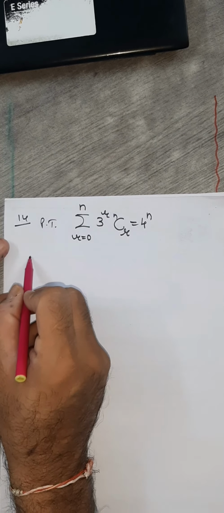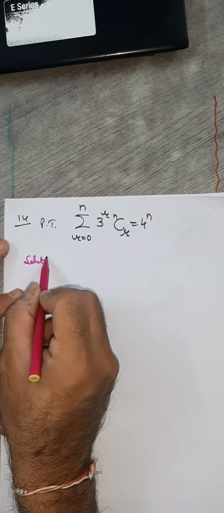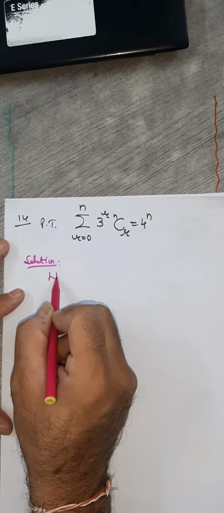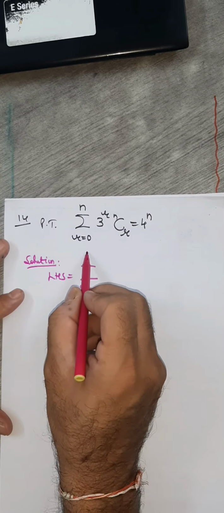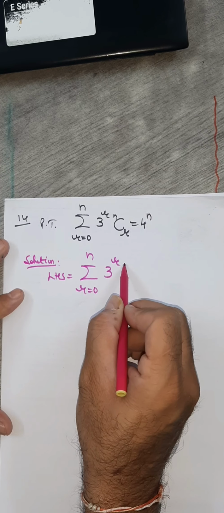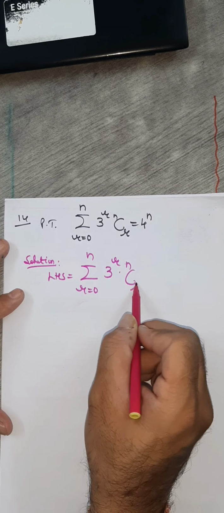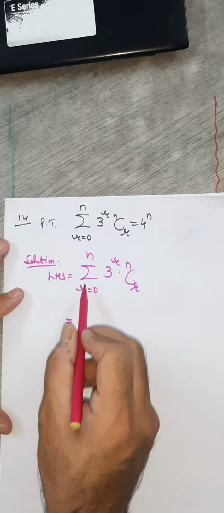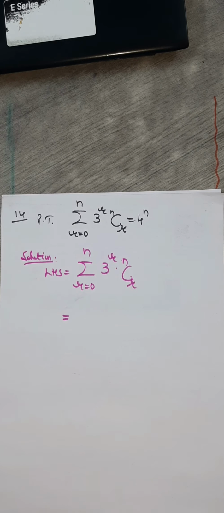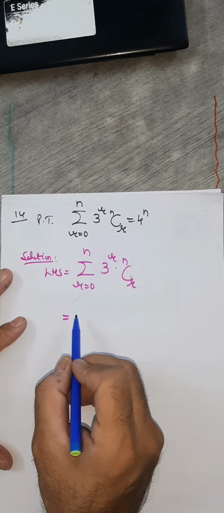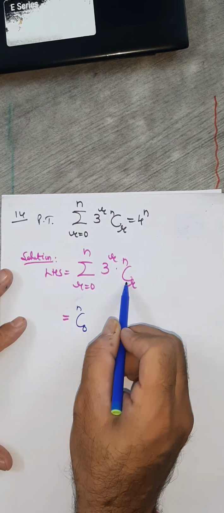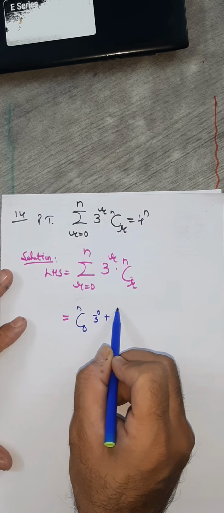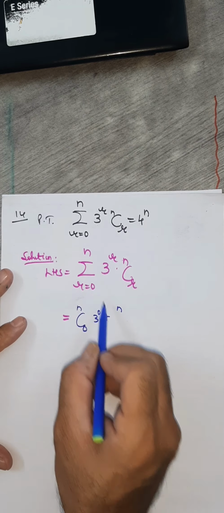If you want to go from RHS to LHS. Or here, if I start with LHS, for example. Let me start with the left hand side. Sigma r runs from 0 to n, 3 raised to r into nCr. Now I'll drop the sigma notation. Sigma means addition. So I'll just take r equals 0. So here nC0 into 3 raised to 0. Then sigma means plus.